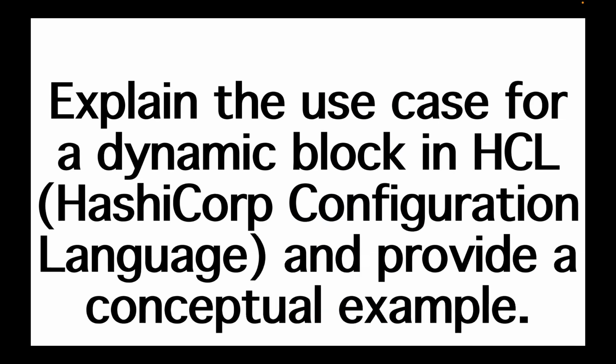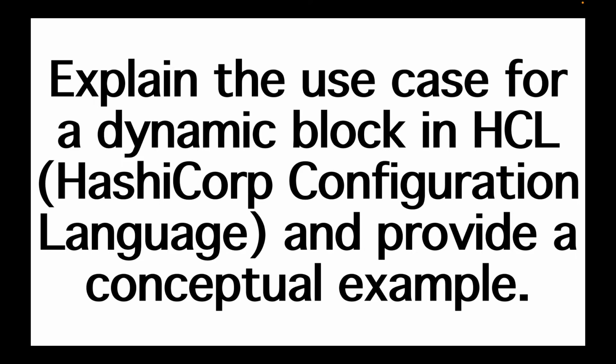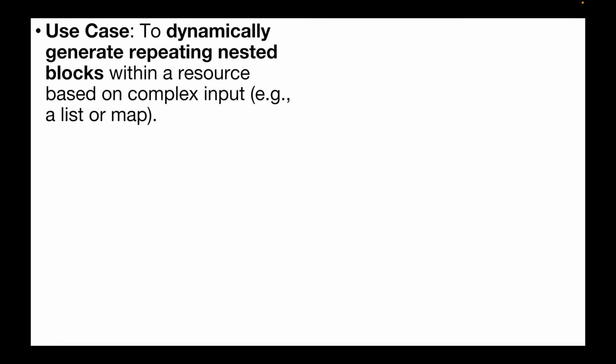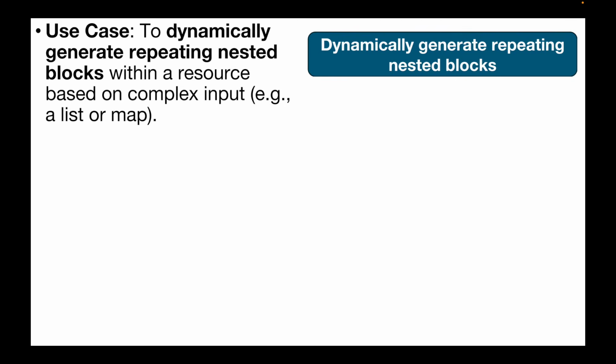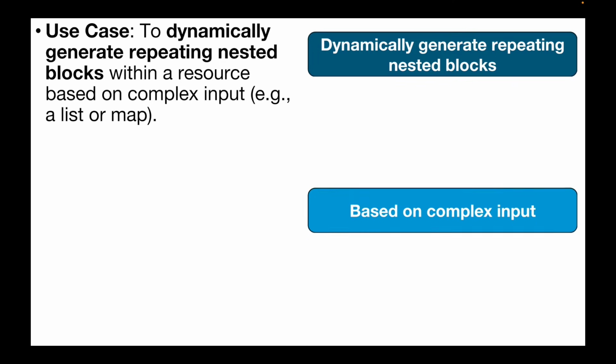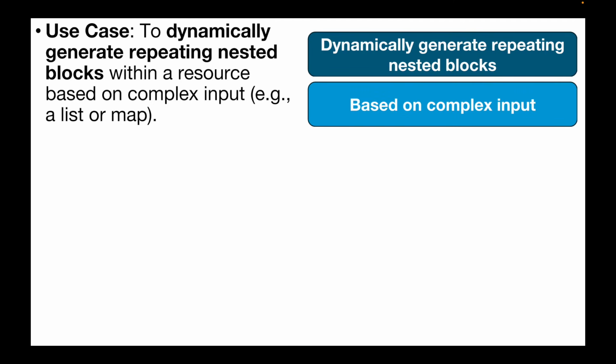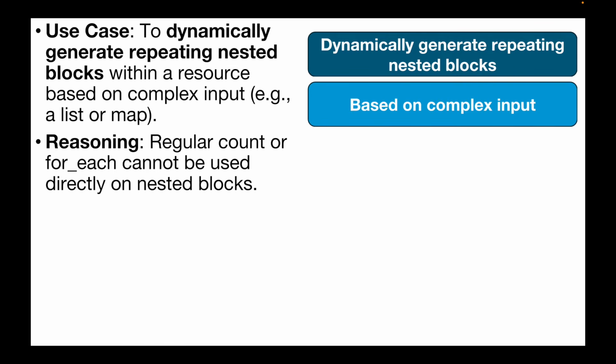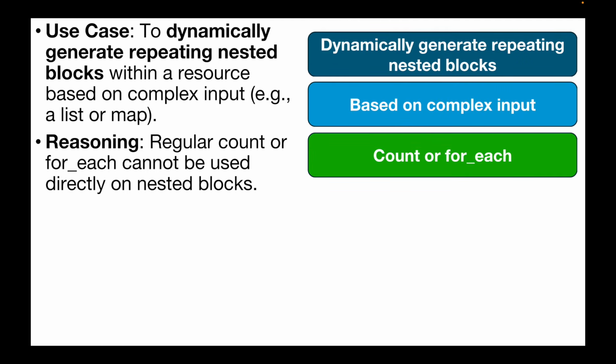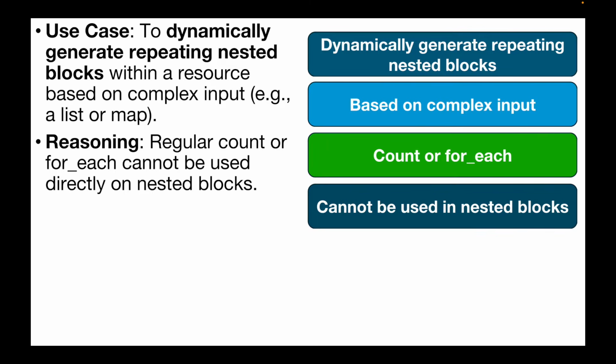The next question we have is, explain the use case for a dynamic block in HCL and provide a conceptual example. A dynamic block is used to dynamically generate repeated nested blocks within a resource based on a complex input, like a list or a map. Regular count or for_each cannot be used directly on nested blocks.